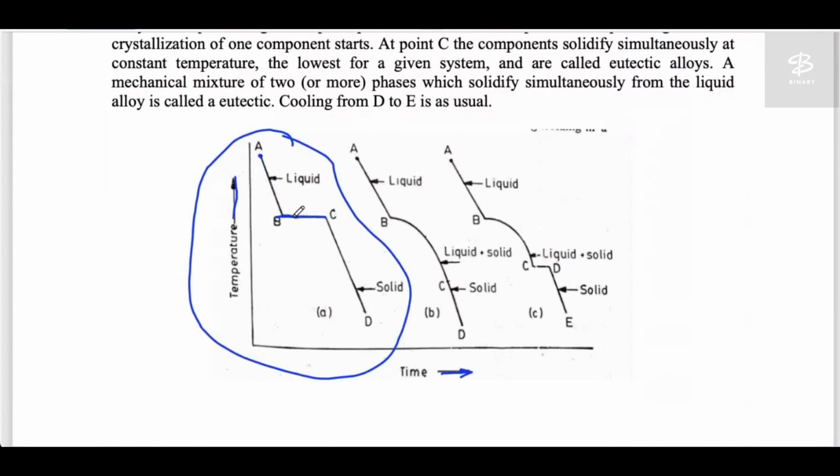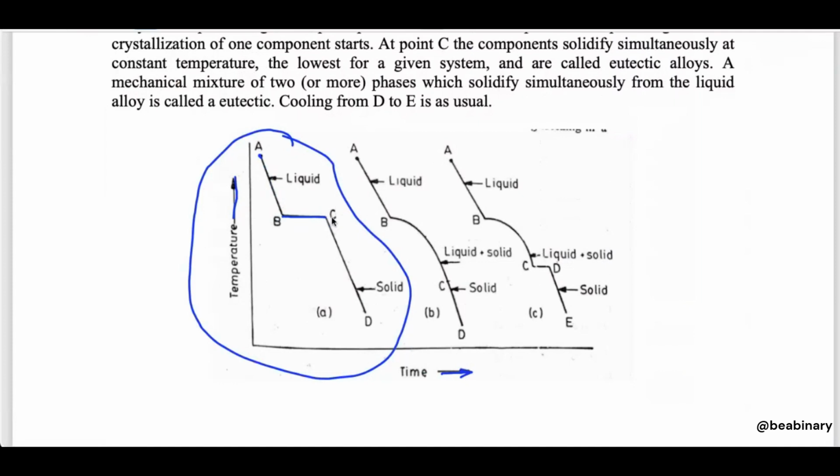As you can see, the B to C line is constant. Why is it constant? Because at this point you are seeing the phase change. Whenever the phase change is occurring, you have a constant temperature. So this B to C line is your constant temperature line, which means you have a phase change.